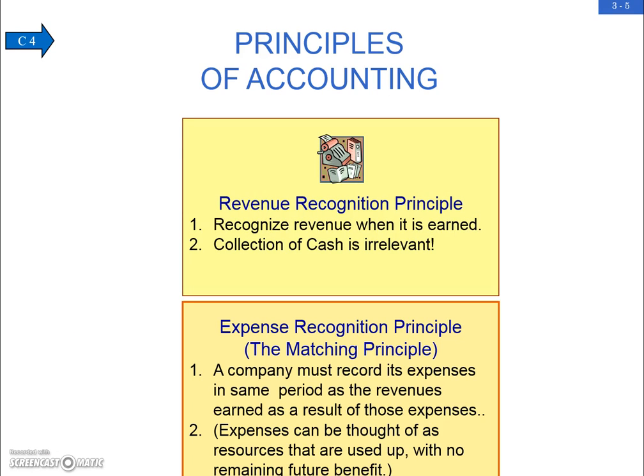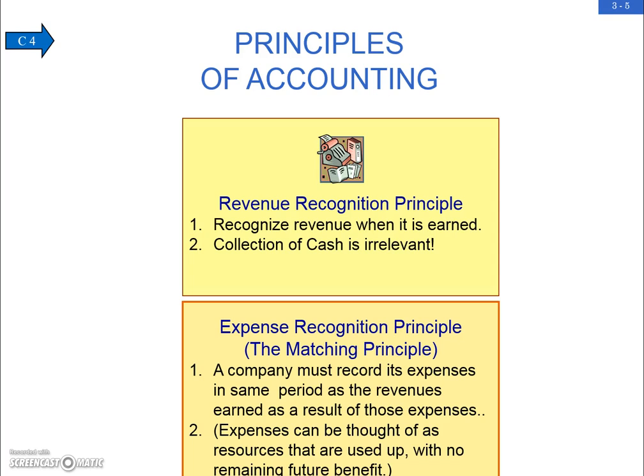Under the generally accepted accounting principles, we follow these two main principles. The revenue recognition principle: recognize revenue when it's earned, only when it's earned, and every time that it's earned. Collection of cash is irrelevant for when revenue is recognized. We've earned revenue once we have done our earning process.